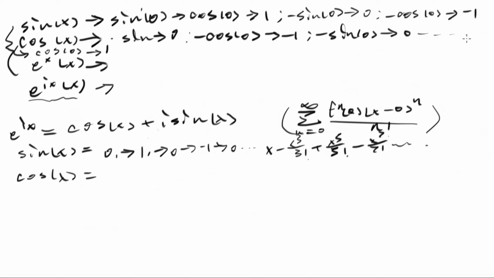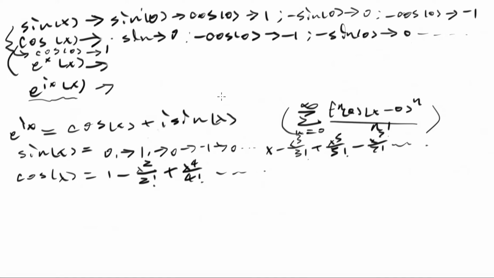Goes on and on. So then we can write out the Maclaurin series for the cosine, which is 1 minus x squared over 2 factorial, plus x to the 4th power over 4 factorial, goes on and on.